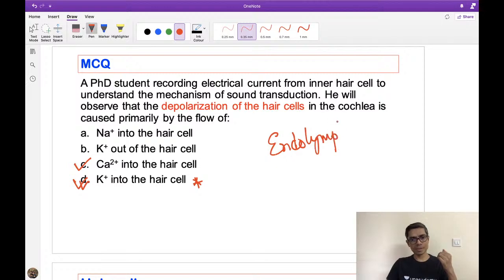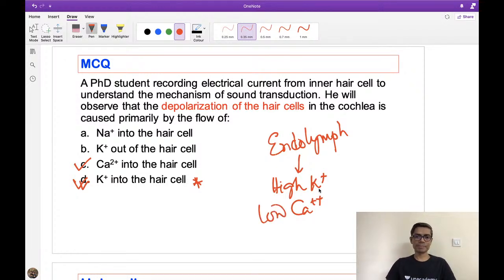The endolymph contains a very, very high concentration of potassium, like that of the intracellular fluid. So I can imagine that surrounding the hair cell there is a huge amount of potassium present, although a low amount of calcium is also present in the endolymph.